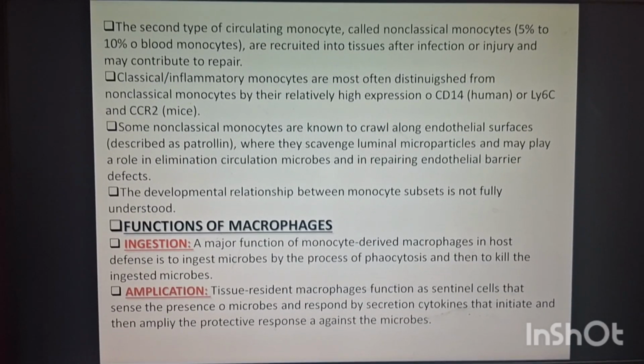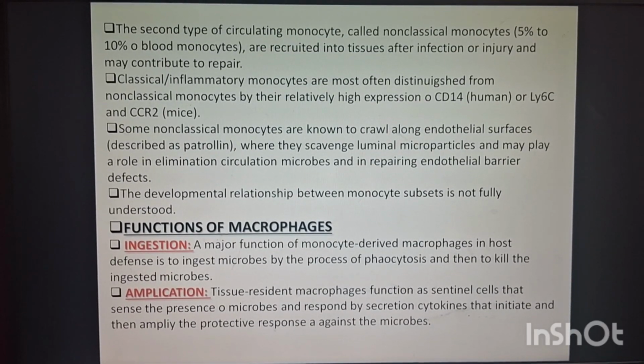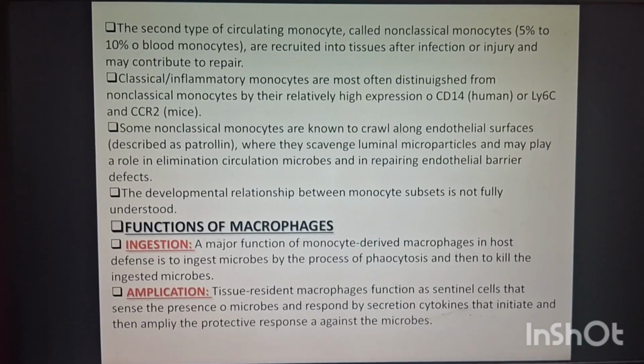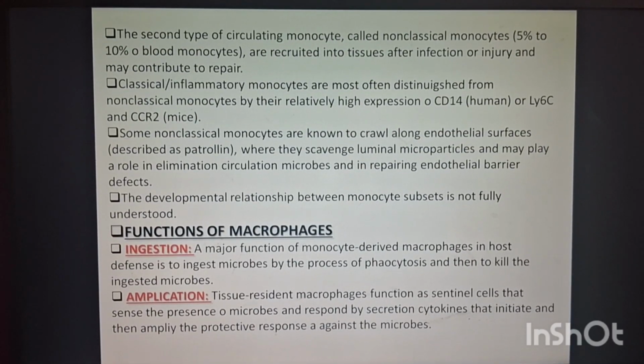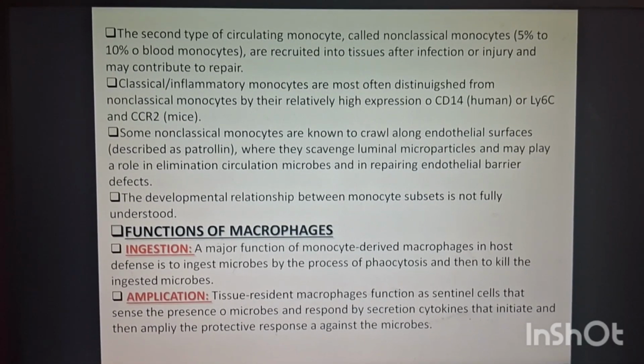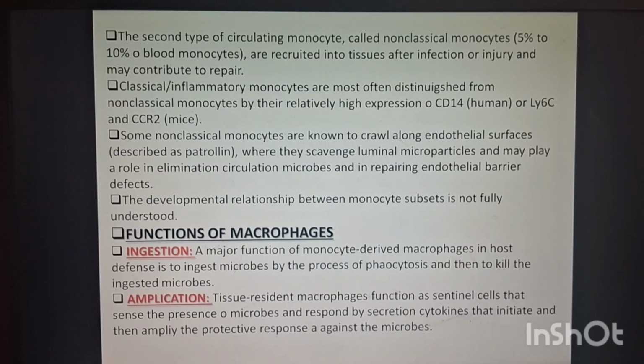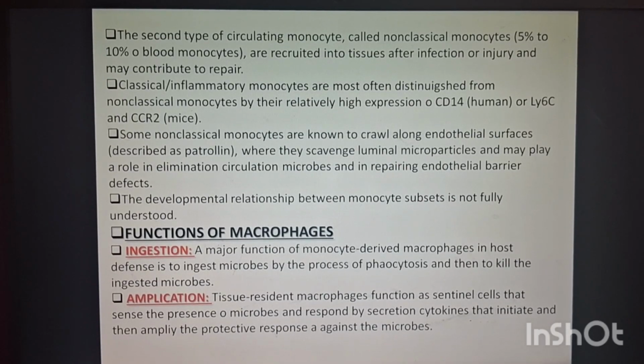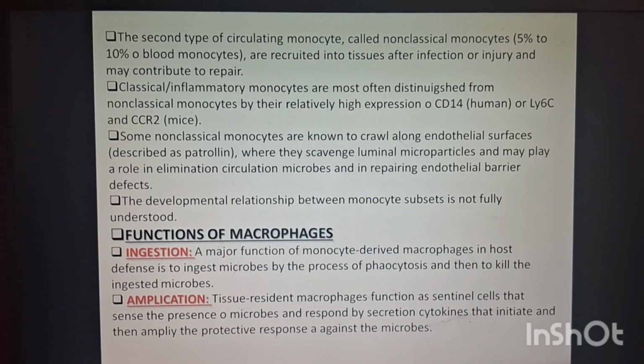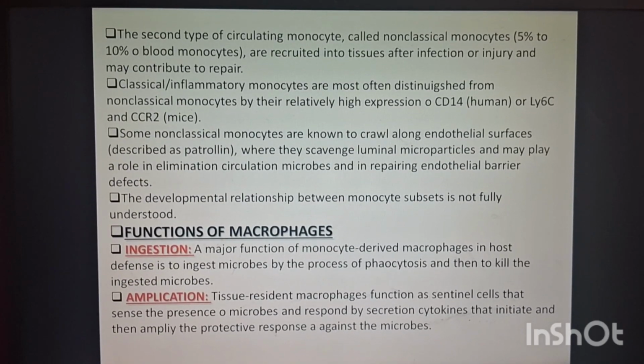Next, functions of the macrophages. First is ingestion. A major function of monocyte-derived macrophages in host defense is to ingest microbes by the process of phagocytosis and then to kill the ingested microbes. Next, amplification.